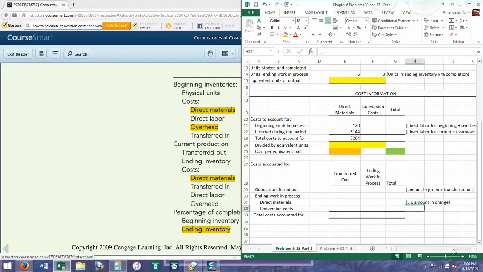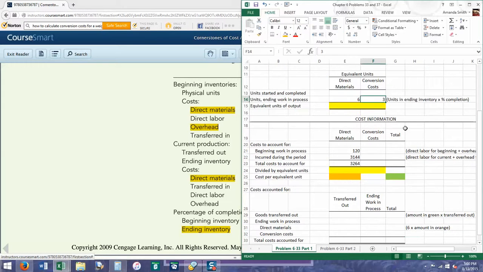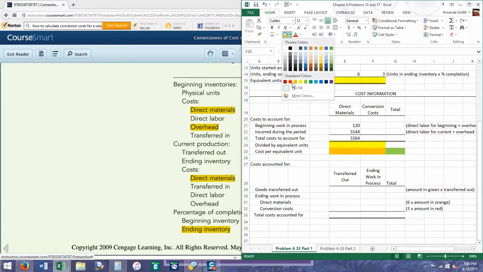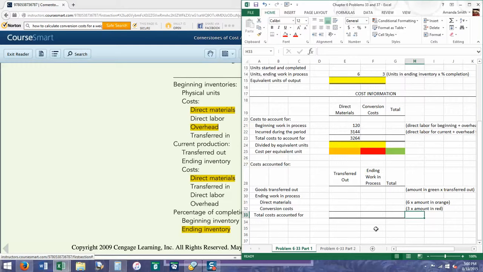Here is going to be our 3 times the amount in red. And then you're just going to do the math.